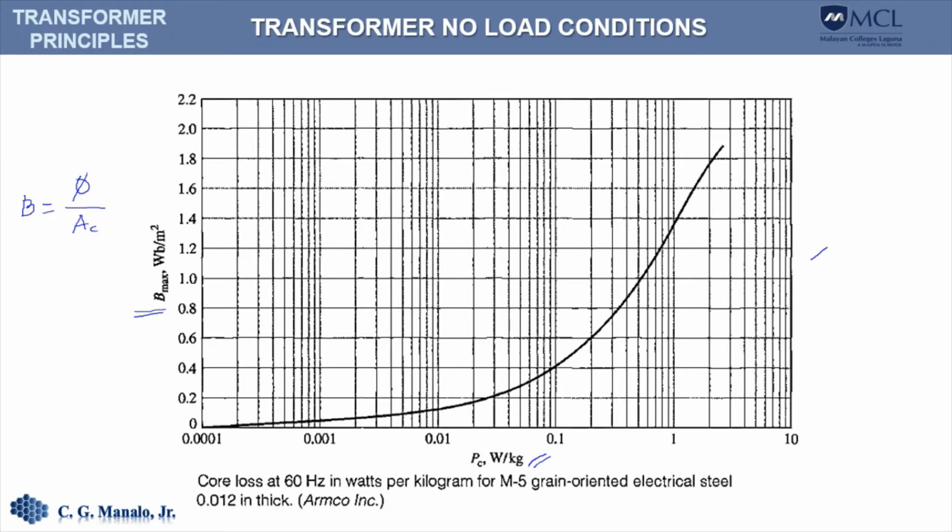Now this data sheet here is shown for an M5 grain oriented electrical steel with the specified thickness and for 60 hertz applied voltage.